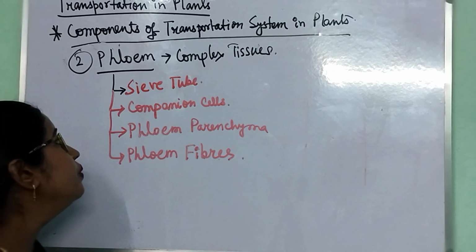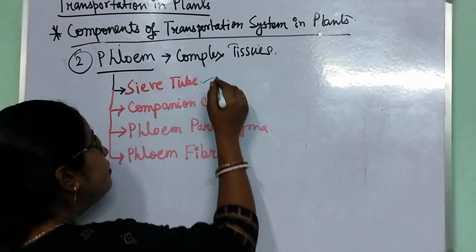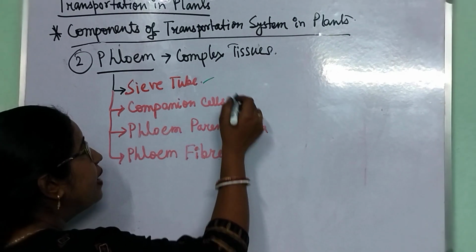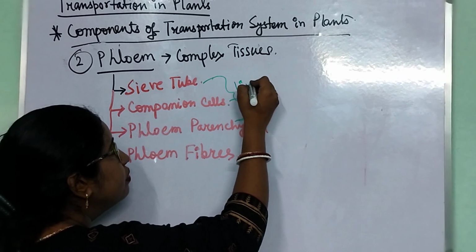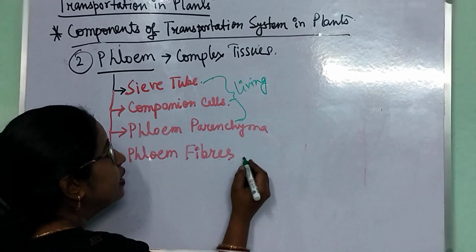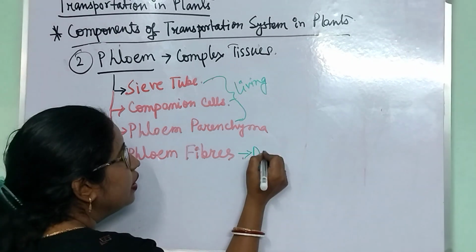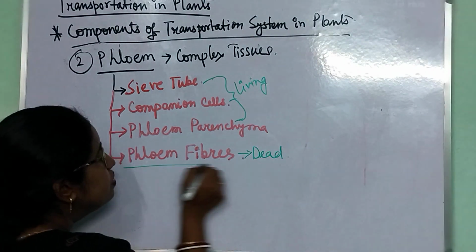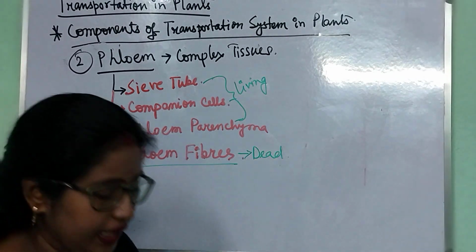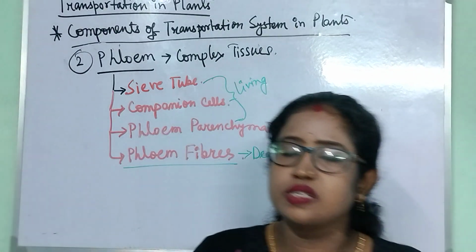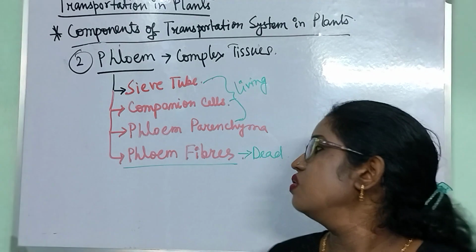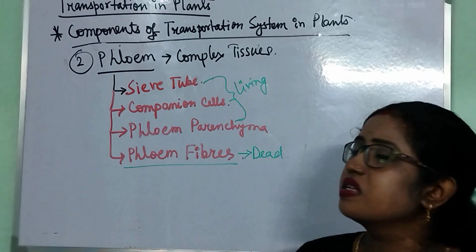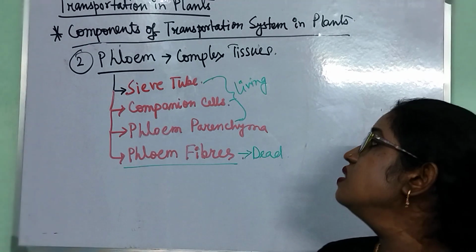The sieve tube, companion cell and parenchyma, these three components are made up of living cells, while the fiber constitutes dead cells. So the phloem fiber gives the mechanical support. All the fiber parts in the plants give only mechanical support. So the phloem fibers also give mechanical support to the plants.